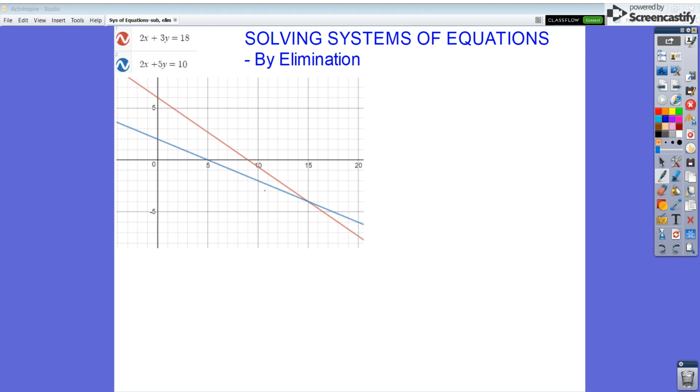And to do that, we either add or subtract, to get rid of one of them, and when we look at the two equations, we need one of them.